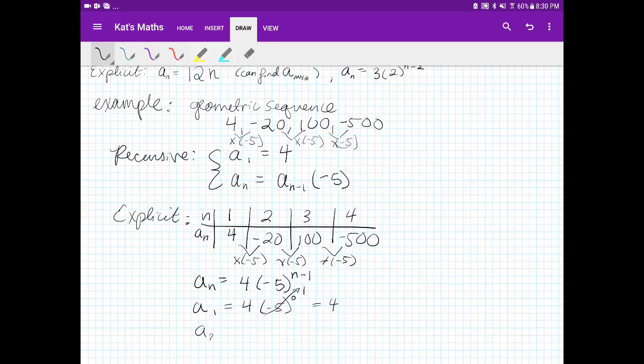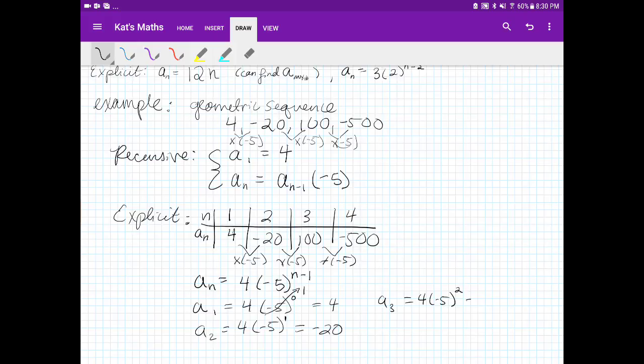If we want to check a2, you'll get 4 times -5 to the 2 minus 1, which is 1. So that's 4 times -5, which gives us -20. We can check a3. So 4 times -5 to the 3 minus 1, which gives us the second power.